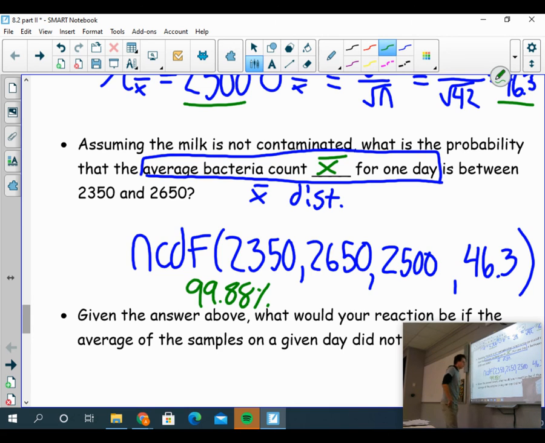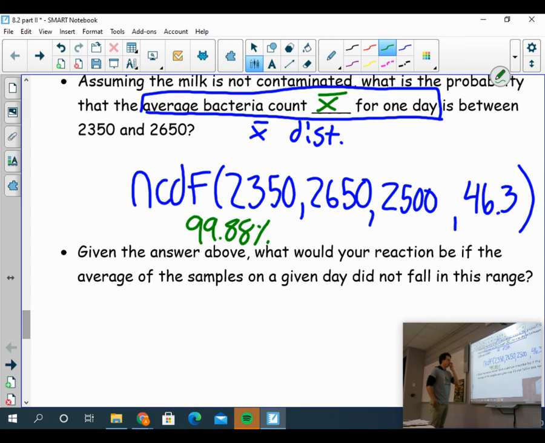And then finally, given the answer above, what would your reaction be if the average of the samples on a given day did not fall in this range? Well, think about your answer in the context of the problem.